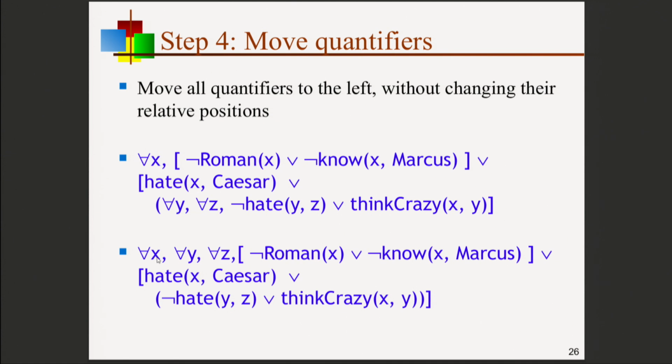After applying move quantifiers toward the left, y and z go towards the left, and we get this result. Everything else is the same: not Roman of x, not know, and hate Caesar, hate x comma Caesar, or not hate y z and think crazy will appear the same as above, except that the quantifiers y and z move towards the left.